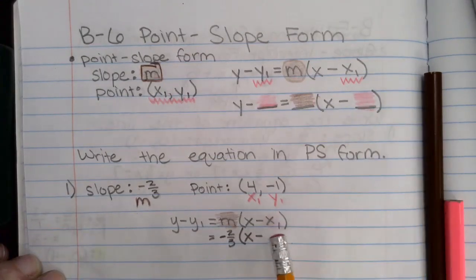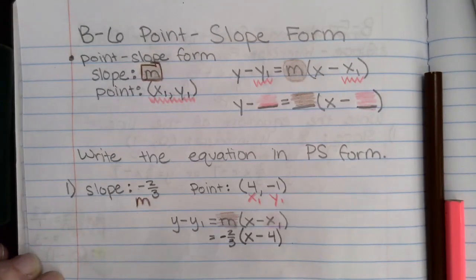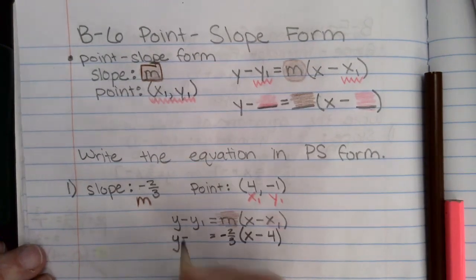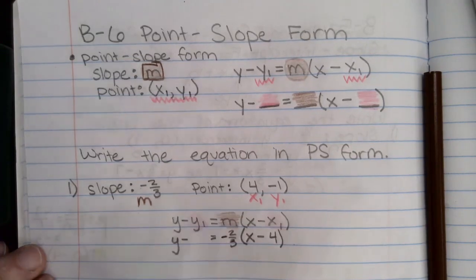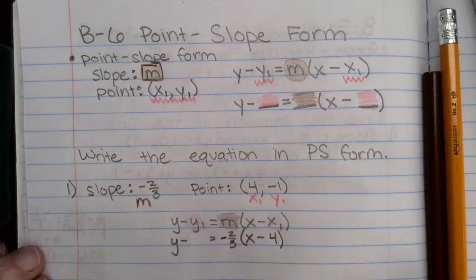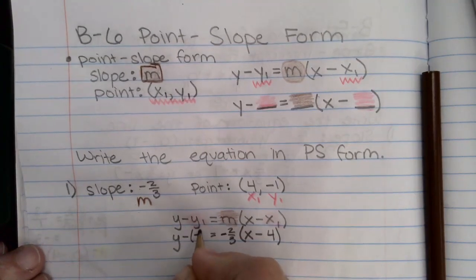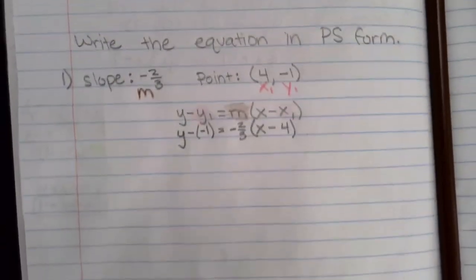So my x1 is 4. And then we also need to fill in this y1. And what number is that y1? -1. Because it's a negative, I'm going to put it in parentheses. That way I can keep track between my minus and my negative.